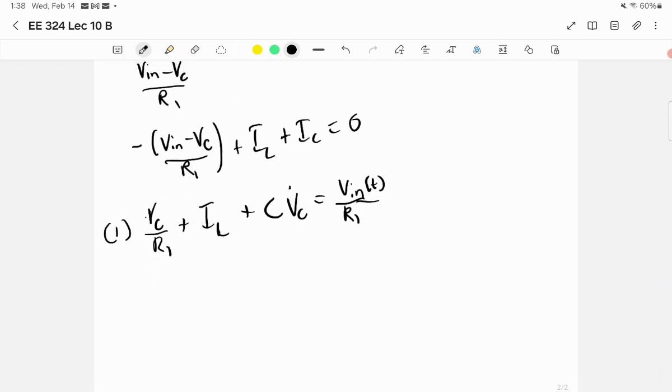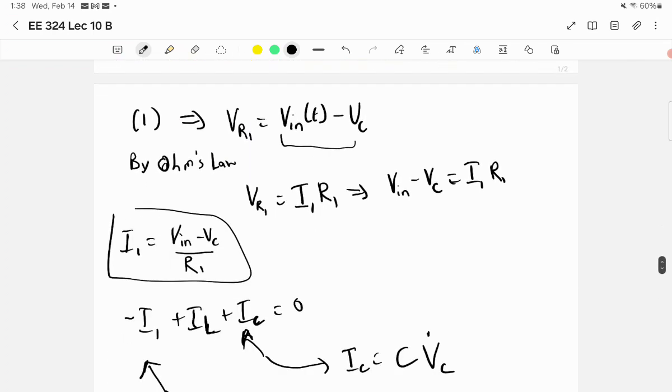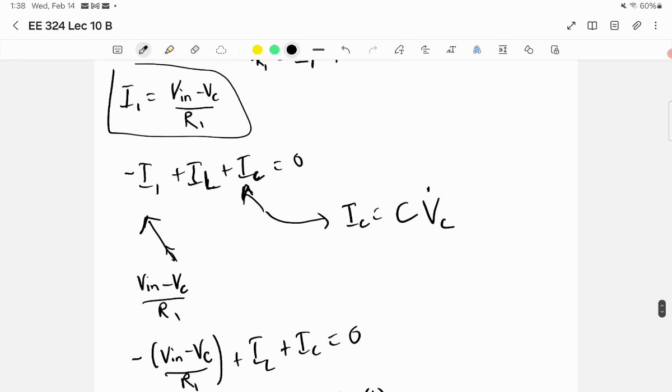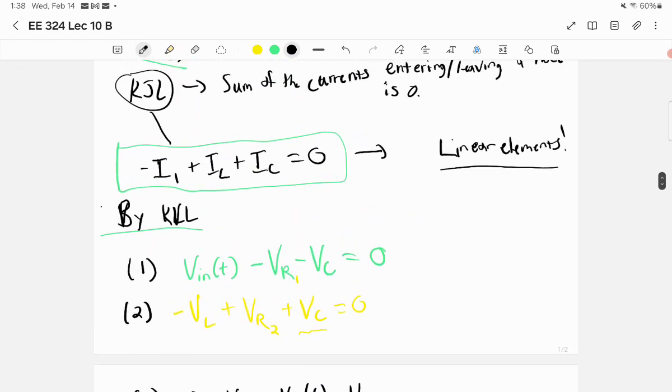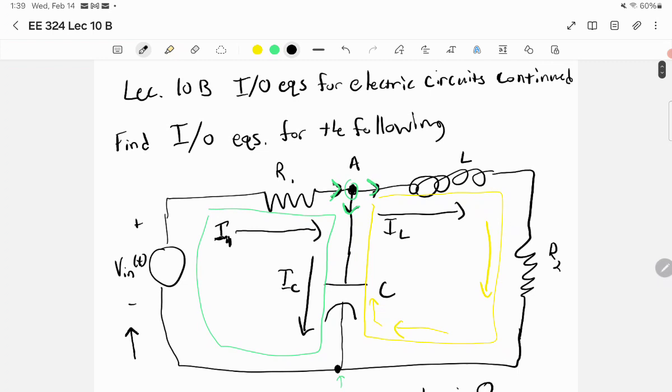Now I can also define things across the second loop, right? For instance, my current IL as it comes across here, notice that there's no other sources or anything like that.